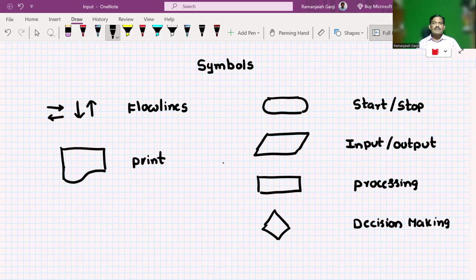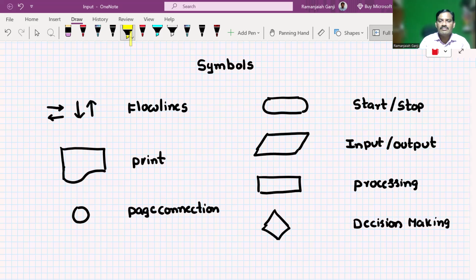If you want to print something, we require a print symbol. And we have a circle. This is for page connection. For example, the total size of the flowchart is very large. You are unable to complete the flowchart within one paper. At that time, we are going to utilize page connection. Circle is a page connection.